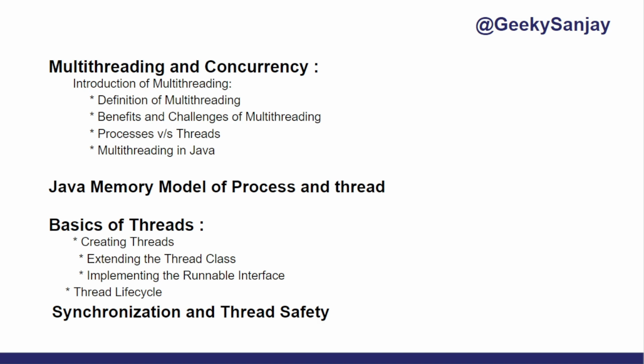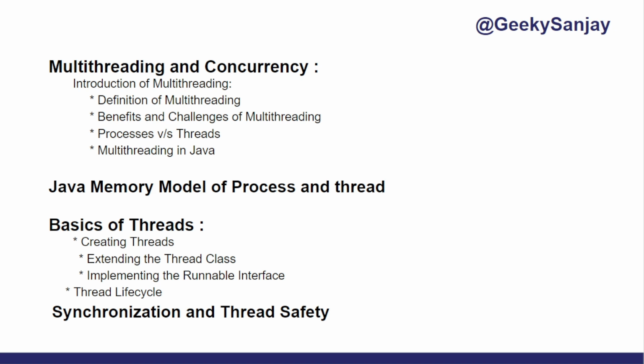A process means whenever we execute a program, a process is created, and it has many things. A process has its own heap memory, code blocks, a stack, and threads. One process can have multiple threads. So we have multiple processes, and each process has multiple threads.